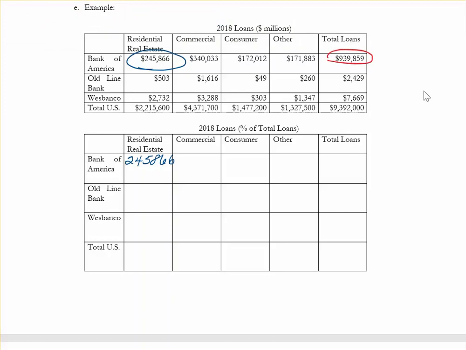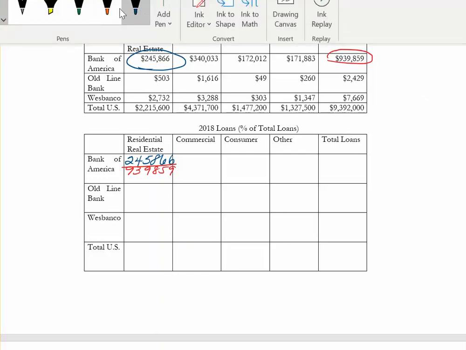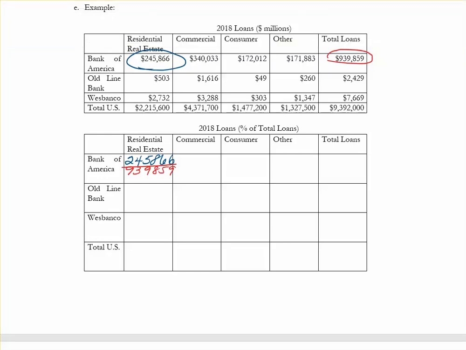So notice what I'm dividing by. I'm dividing by the total in the row. And that first weight will be 26.16%.